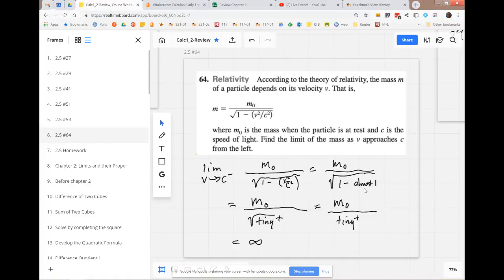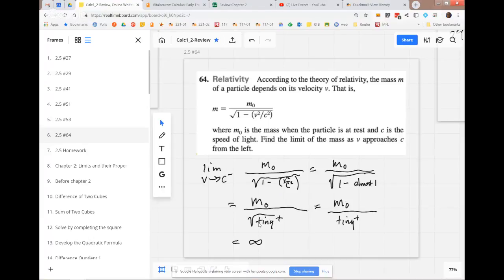And then what happens when you do 1 minus almost 1? It's going to be really tiny, right? Almost 1 could be like 0.99999. And when you do 1 minus something like that, you're going to get this incredibly small number. Do you get that?